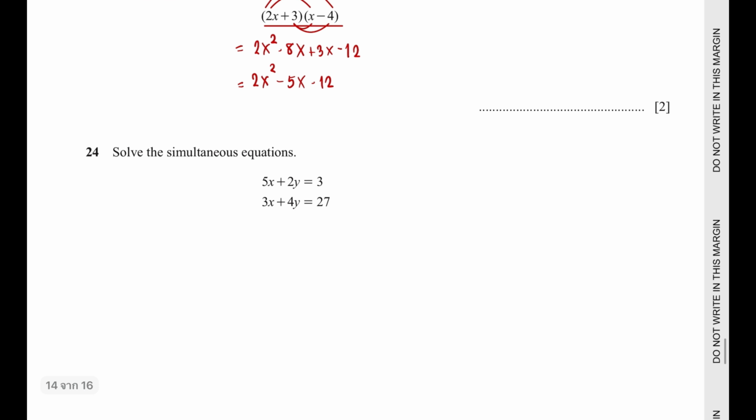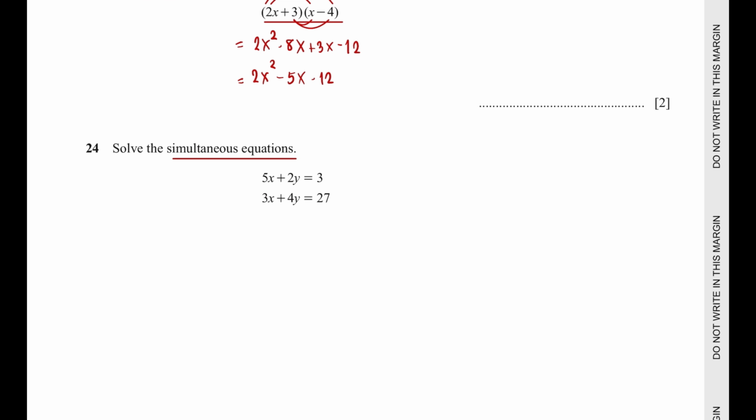Question 24. Solve the simultaneous equations 5x plus 2y equals 3 and 3x plus 4y equals 27. So in this case, I will make y equal by multiplying the first equation by 2, so that I will get 10x plus 4y equals 6.